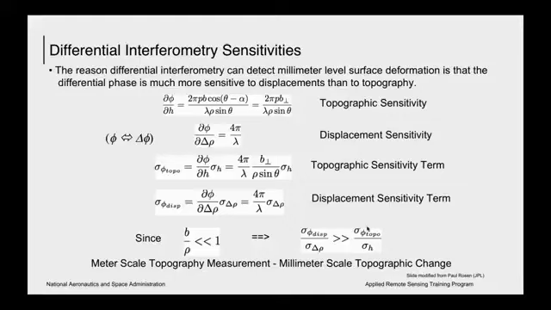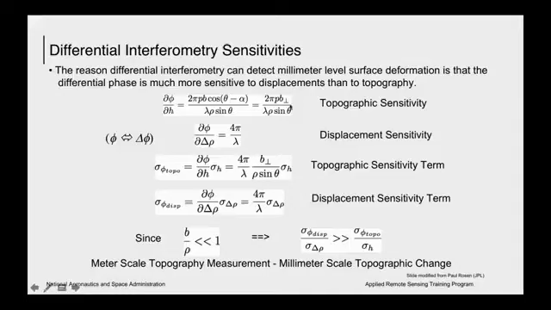An important thing to know is that the sensitivity is very different for elevations and for displacements. That's because for elevation, the phase change that we measure is the derivative of phase change relative to a change in height.